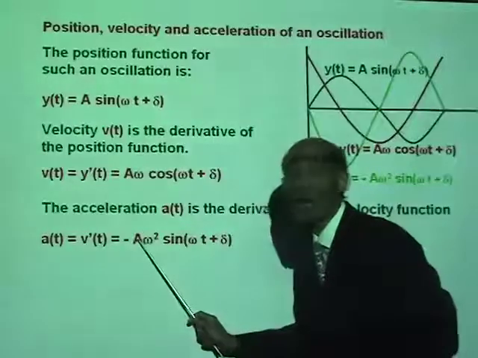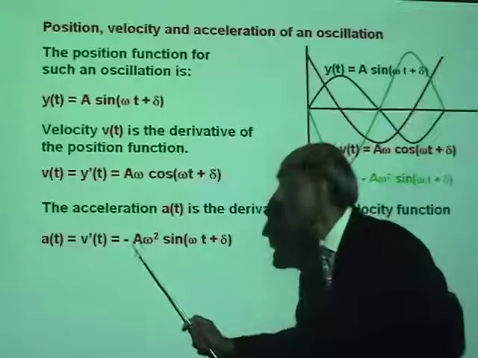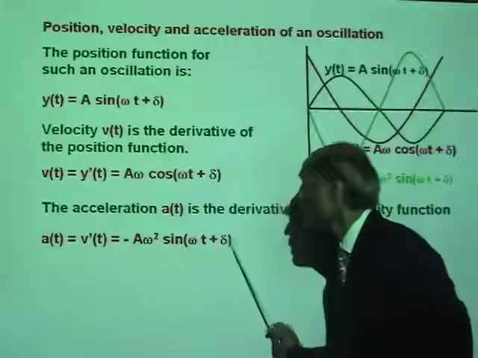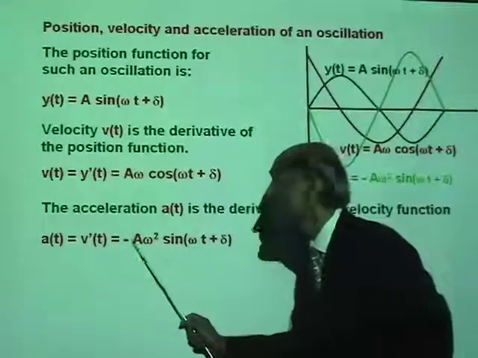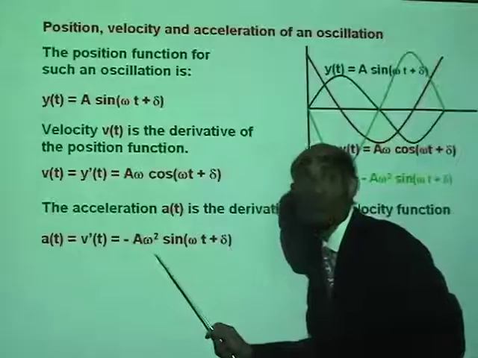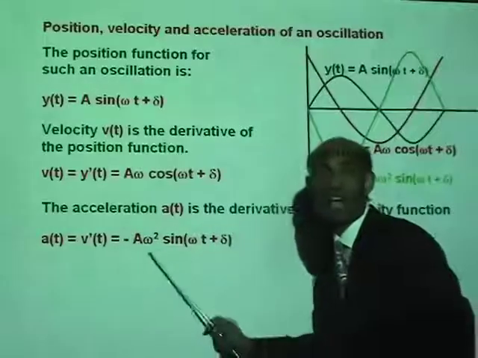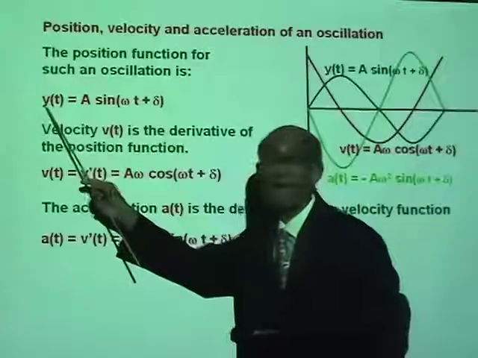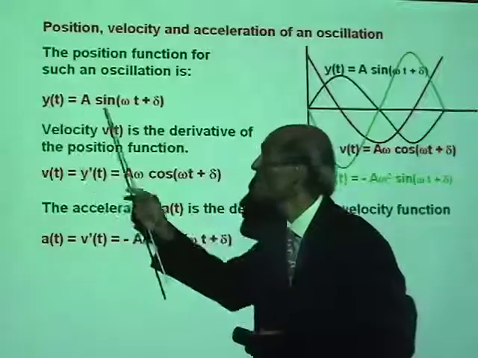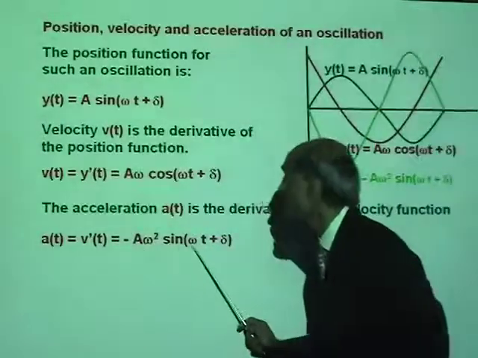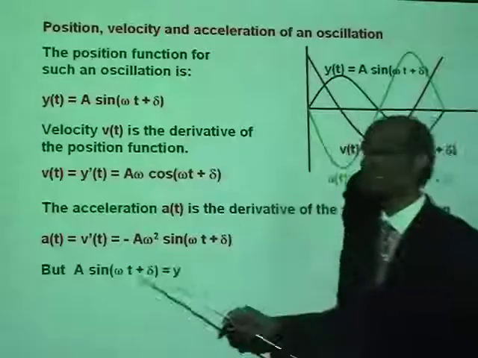So if you come down here, watch this. A sine omega t plus delta. I'm going to remove this quantity and replace it by y, because y is A sine omega t plus delta.